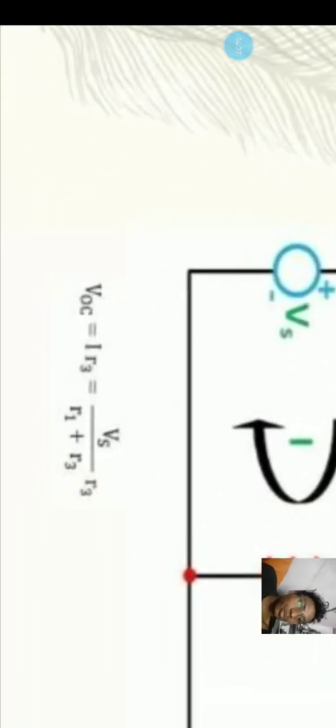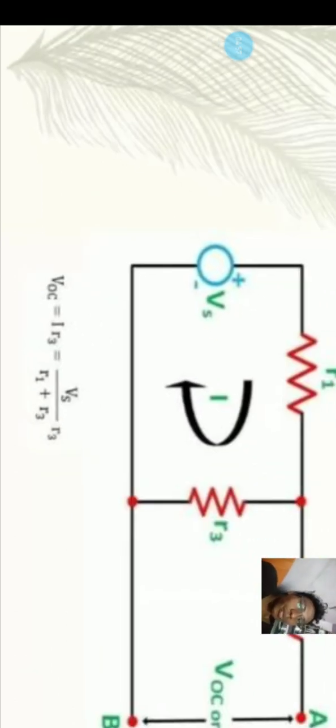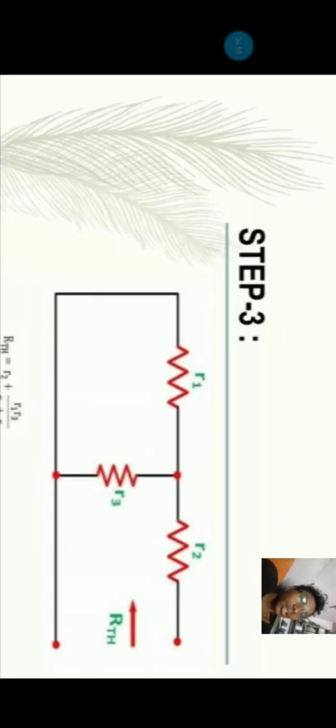Here I am zooming: V open circuit equals I into R3, which is nothing but Ohm's law, where I can be written as VS into R1 plus R3, given the resistor to the opposite resistor according to the parallel division rule.